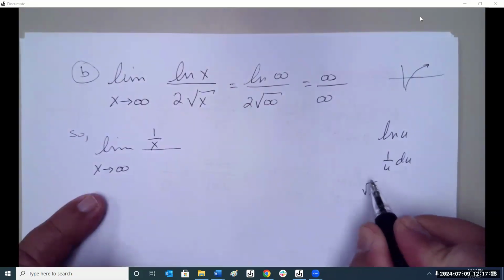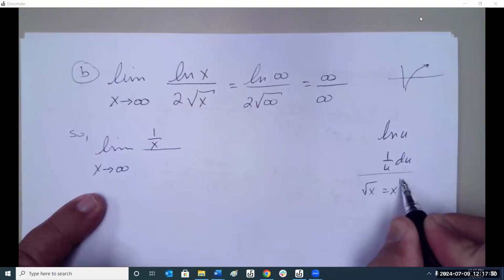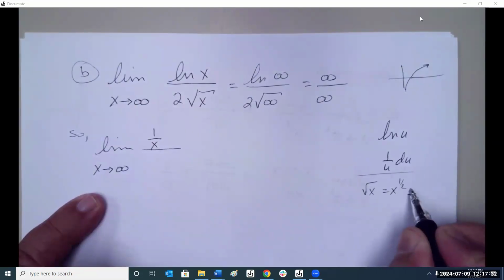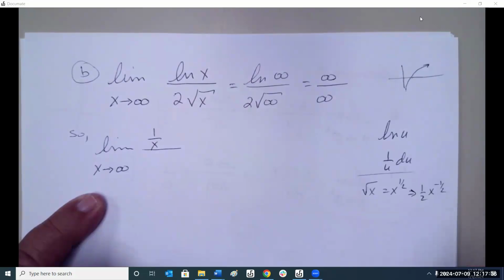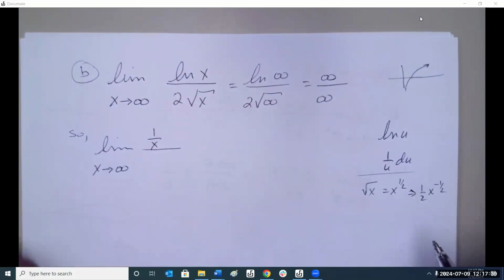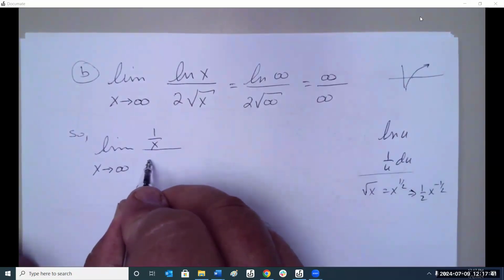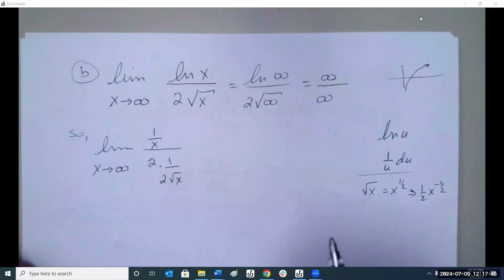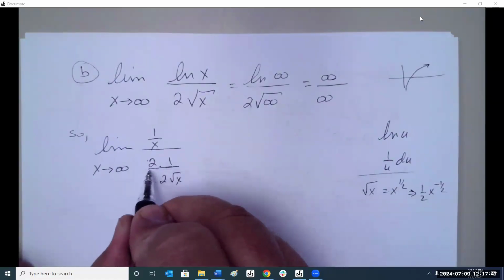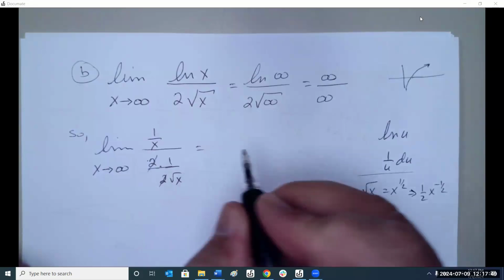And the square root of x is x to the power 1/2. The derivative of it is 1/2 x to the power negative 1/2. So it's 1 over 2 square root of x. The 2's cancel.